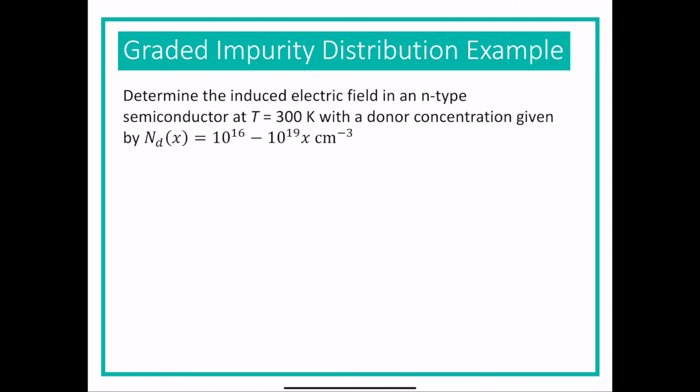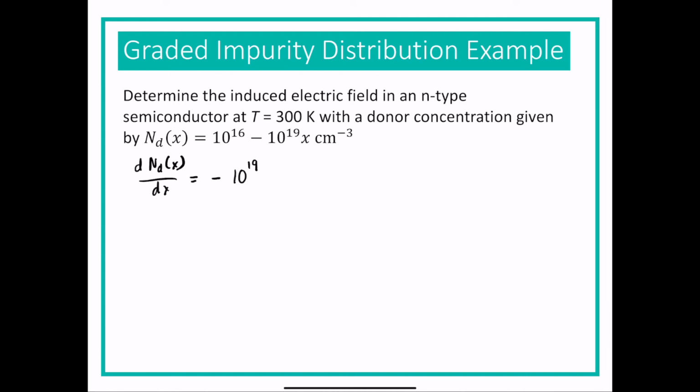So we have a function that is describing how the doping concentration works. And this is a donor concentration. So what it's saying is that it's at 0, 10 to the 16, and then as it goes, we have to do this function to tell you what the actual value is. So that means that the derivative of this function is just going to be minus 10 to the 19, and actually it would be centimeters to the minus 4th, but I'm not going to worry about that.